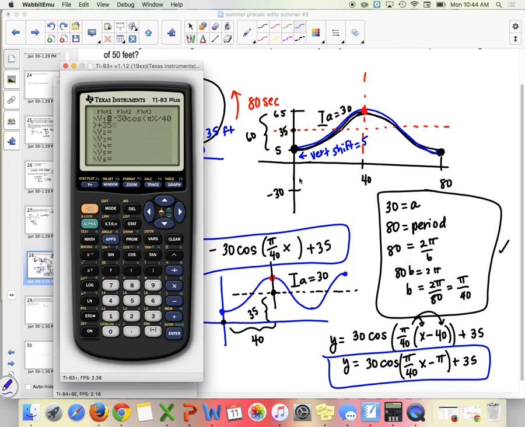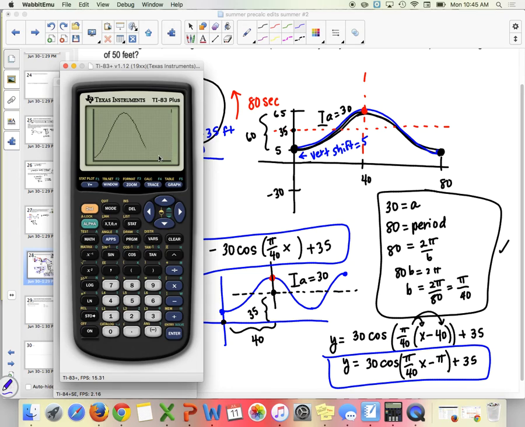Okay, I know looking at my x and y values here, I want to go from 0 to 65 at least. So I'm going to do 0 to 70 for my window for my y values. And then for my x values, I go from a time of 0 to at least 80, so I'll do 100.